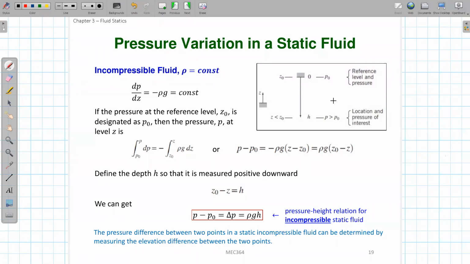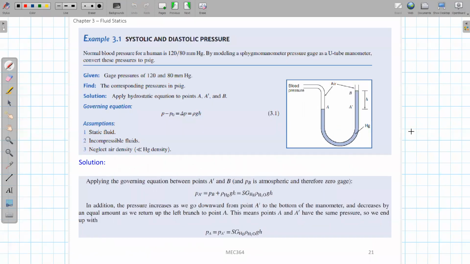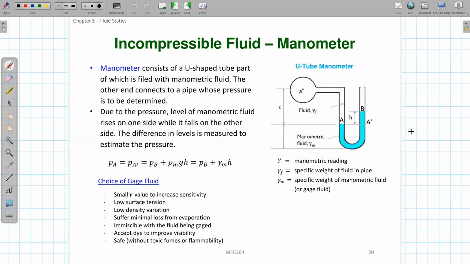With this correlation in mind, we can use this equation to study some fluid statics problems for incompressible fluid. One commonly used example is the measurement equipment for pressure called the manometer.